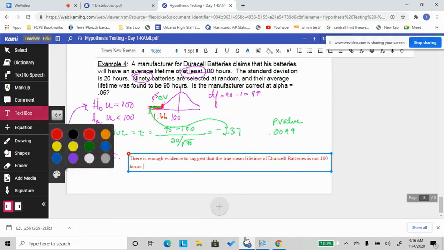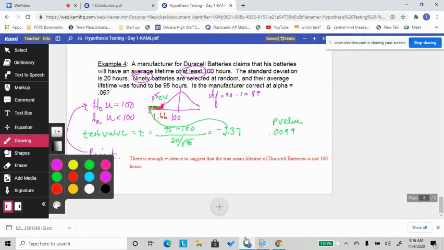They're saying that it's 100, and we are rejecting that because we landed in the shaded region. So there is enough evidence to say the true mean lifetime is not 100.